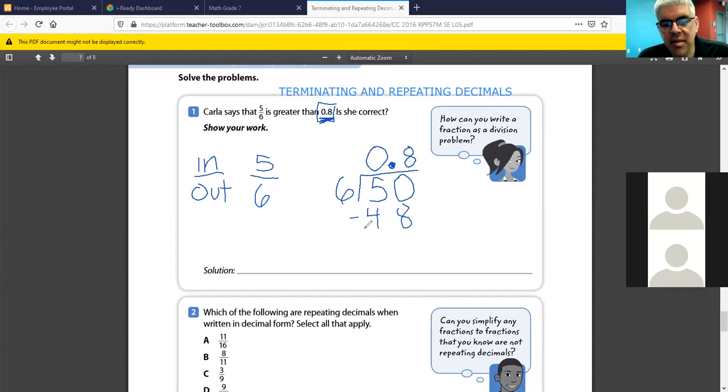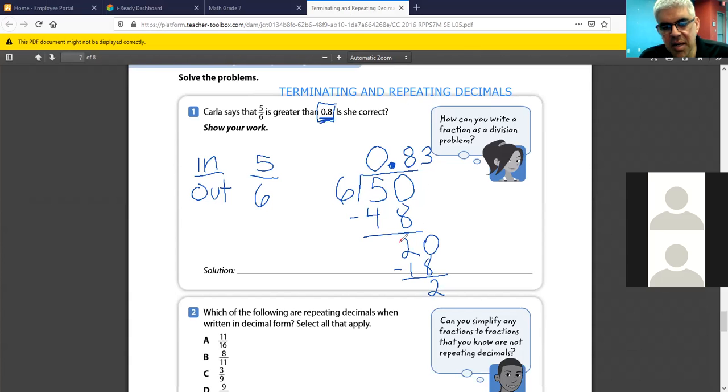Now we subtract, but guess what? We have a 2. Because my zeros are free, I go with 0, and 6 goes into 20 3 times. When I take away 18, I'm going to get a 2 again. So I need you to see the pattern repeating.